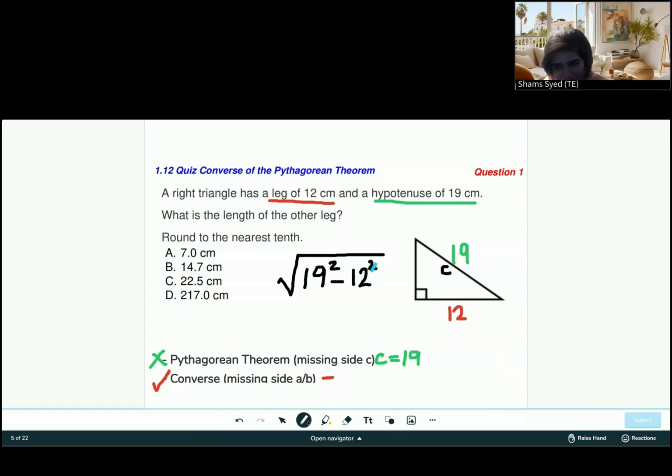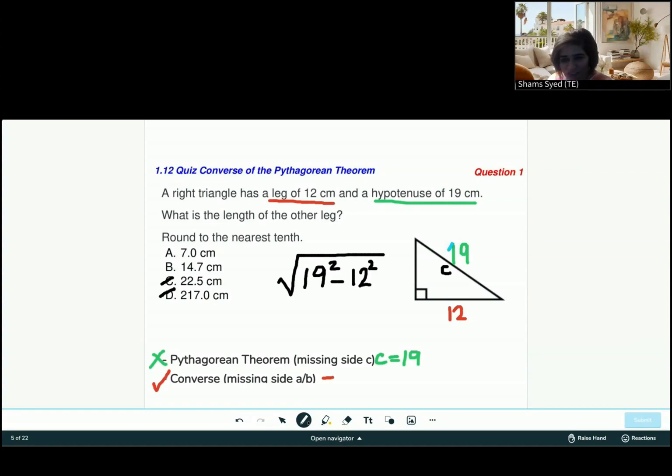Everybody put this in the calculator like I showed you. Tell me, what do you get? You can round your answer. Some answers are unreasonable like C and D, because the answer cannot exceed 19. 19 is going to be the longest.